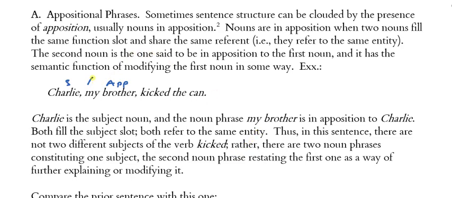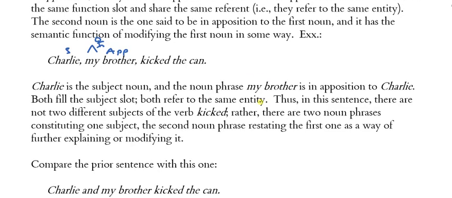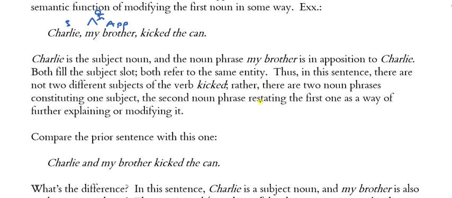So Charlie and my brother are the same person here. If I were to rephrase this sentence this way, Charlie kicked the can, that is, my brother kicked the can, here we can see that Charlie and my brother are one and the same entity, and that my brother is simply serving to recharacterize Charlie's identity.